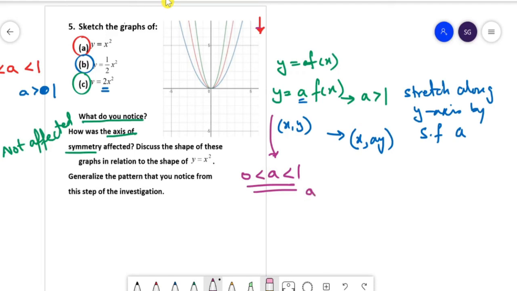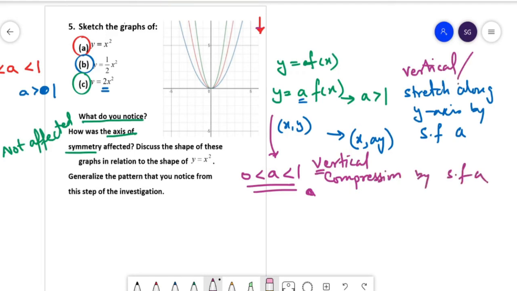So when a is between 0 and 1, it's a vertical compression. And here we have the vertical stretch. That's vertical compression by scale factor a. You can either say vertical stretch or stretch along the y-axis by a certain scale factor.